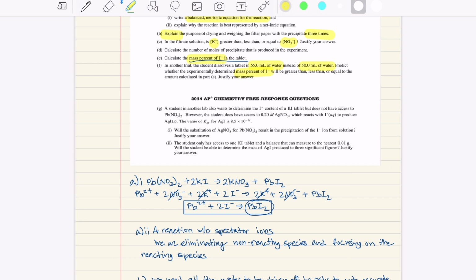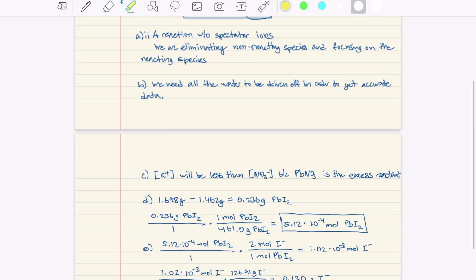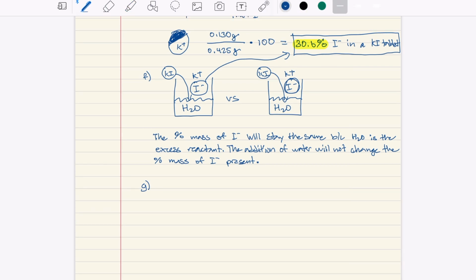Part 1 asks, will the substitution of AgNO3 for Pb(NO3)2 result in a precipitation of I minus ion from the solution? Basically it's asking, instead of using lead nitrate, we're going to use AgNO3, and whether it will precipitate I minus, but in our case it's AgI, because the question tells us it's going to produce AgI as a solid. So this is really a given question.